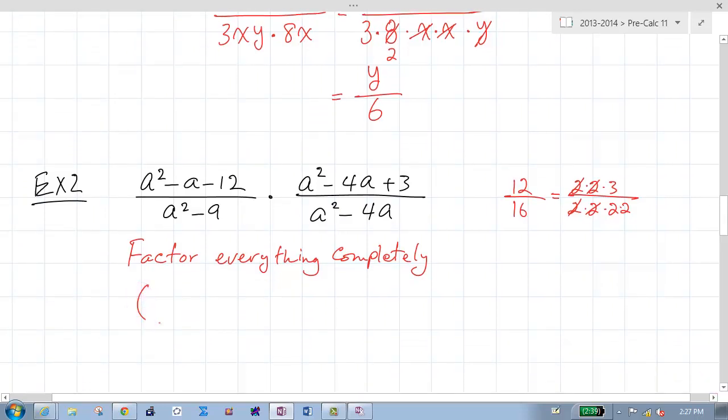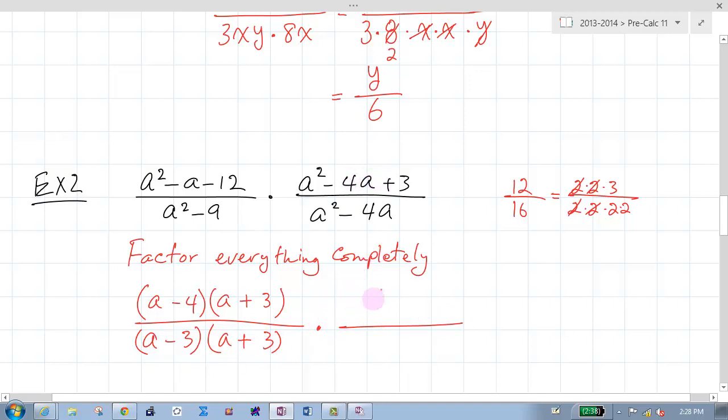I'm going to factor the numerator of the first one. It gives me a minus 4, a plus 3, over, and the denominator of the first fraction is the difference of squares. I'm going to write it as a minus 3 times a plus 3, multiplied by the numerator of the second fraction.